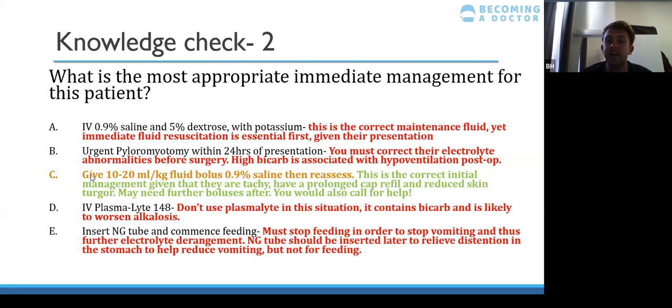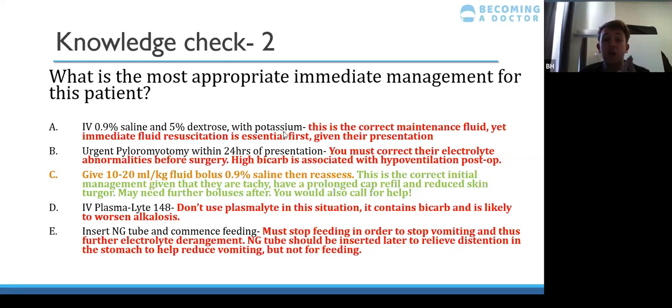But after that, you need to correct the metabolic abnormalities. And this option here, A, is the best way to do that. So you're giving fluid, which will correct dehydration, you're giving dextrose as well. And the saline will also contain chloride and potassium. Because you're giving chloride and potassium, it means that the kidneys can do their job and get rid of all that base, all that bicarbonate, and actually correct the alkalosis.